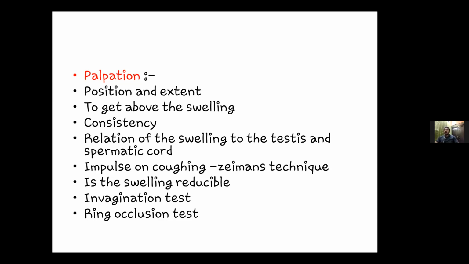If the cough impulse is present at the tip of the finger, it is a case of indirect hernia, and if the cough impulse is felt on the pulp of the finger, it is a case of direct hernia.